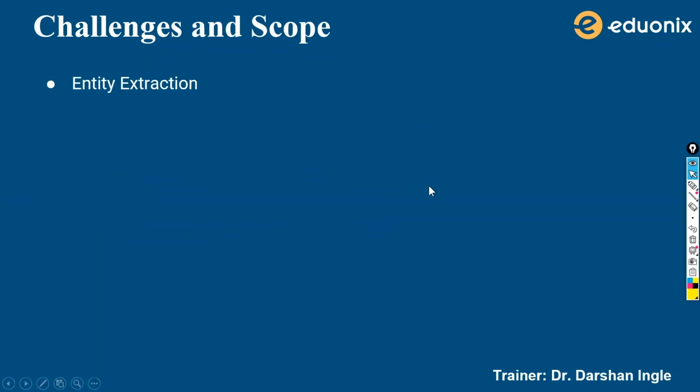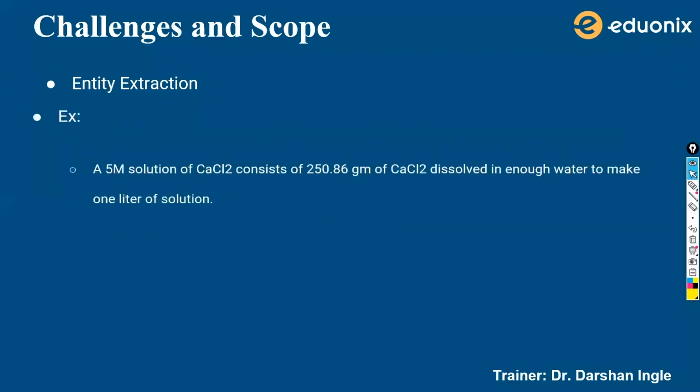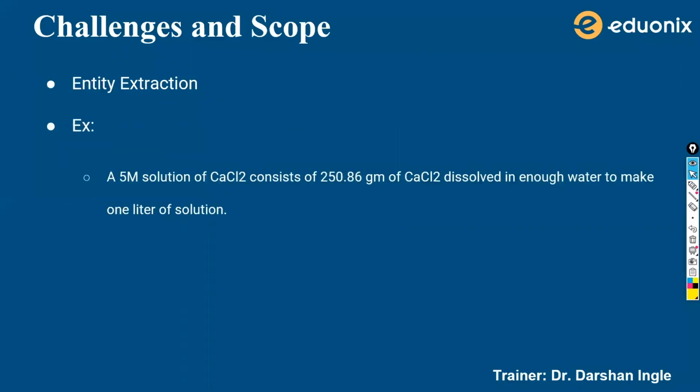The next one, as I told you, is entity extraction. So what is entity extraction? Just some time before I told you, whenever you talk of entity extraction, it is extracting the unknown entities. An example could be, so I have a very simple solution example over here. A 5 molar solution of calcium chloride consists of 250.86 grams of calcium chloride dissolved in enough amount of water to make 1 liter of solution.